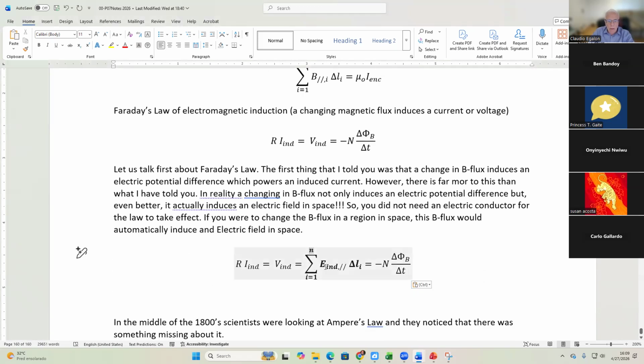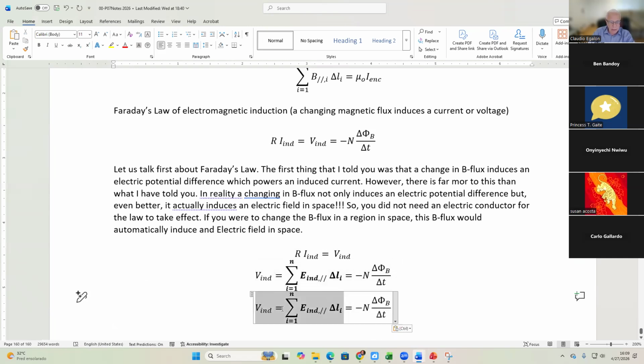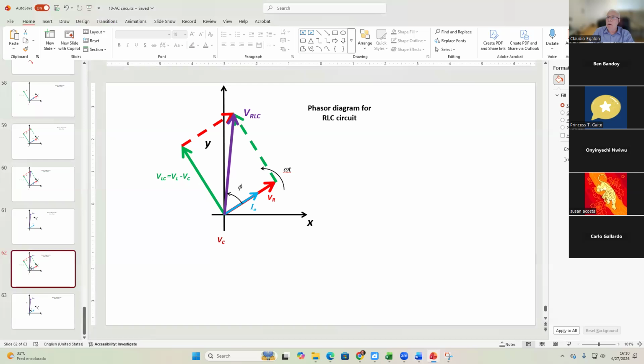If R times induced current is equal to V induced, V induced should also be equal to this summation that you see right in here, where this term here is the electric field. And I'm going to write that in terms of the change in magnetic flux. I'm going to illustrate that. Let me close this one now.